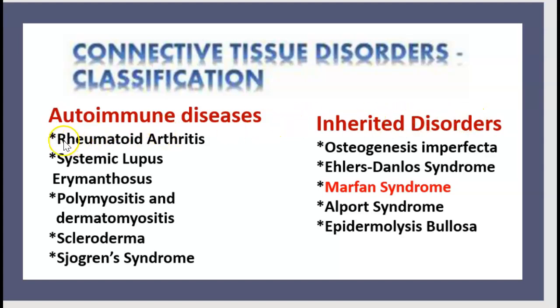Autoimmune ones include rheumatoid arthritis, systemic lupus erythematosus, polymyositis and dermatomyositis, scleroderma, and Sjogren's syndrome. Inherited disorders include osteogenesis imperfecta, Ehlers-Danlos syndrome, Marfan syndrome, Alport syndrome, and epidermolysis bullosa. Today, we will focus on Marfan syndrome.